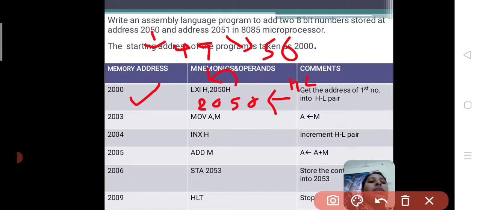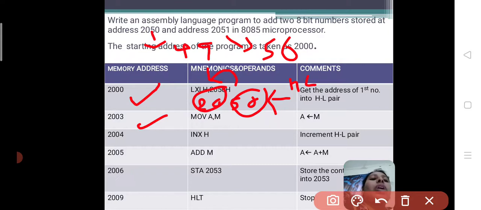This is the first instruction. Next, memory address 2003. 2001 and 2002 are for storing the LSB, which occupies one memory address, and the MSB, which occupies another memory address.